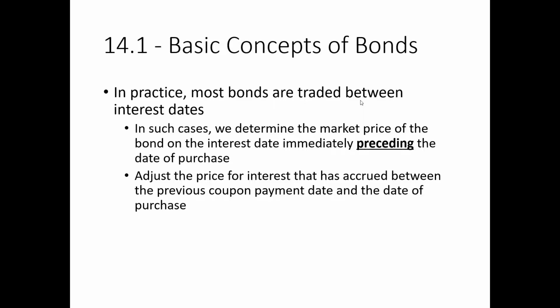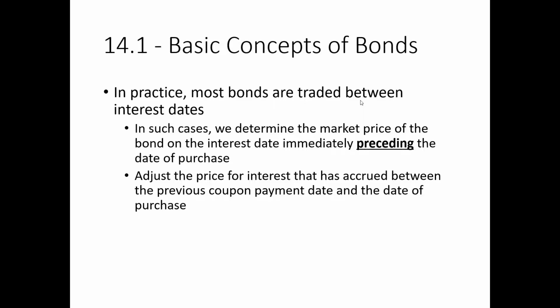Okay, so that's our first step, because finding the price of the bond on an interest payment date is relatively easy. So we're going to go to an interest payment date just before the date of sale and calculate the value of the bond on that date. Again, a fairly easy kind of calculation. Okay. Then we say, we need to adjust this bond because from the date of the most recent coupon payment date until I sell the bond, interest accrues.